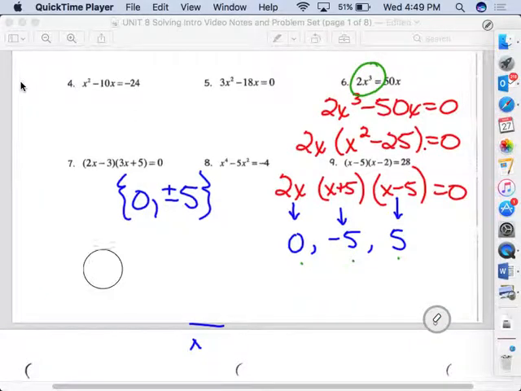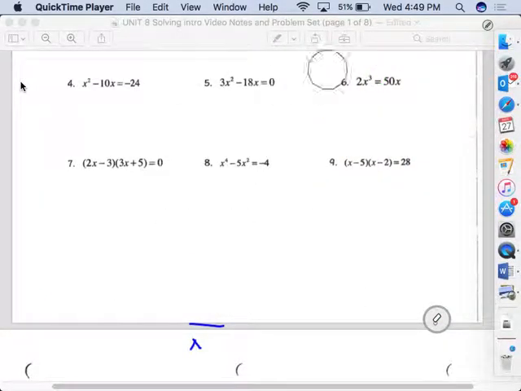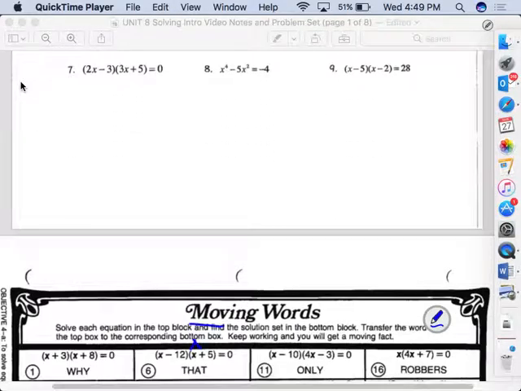And before I stop the video, I would like to do problem number 7, because finding the roots requires solving a 2-step equation. So let's look at number 7 before I close the video. So number 7, it's already factored for you. It's already set equal to 0.